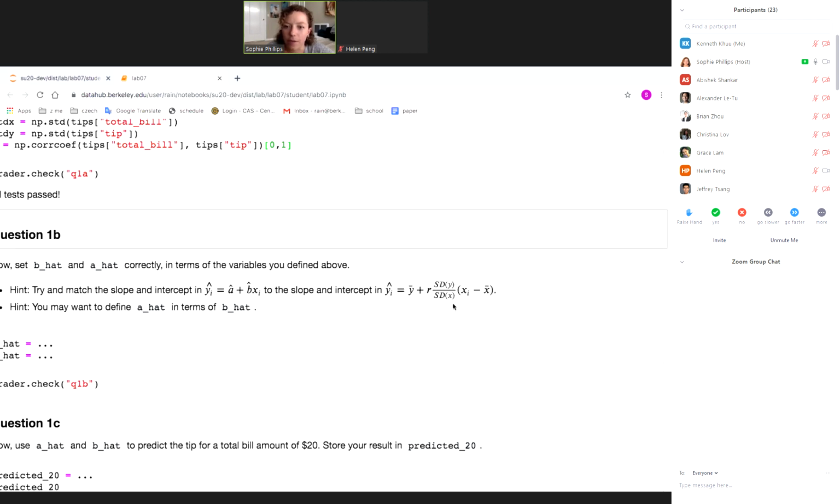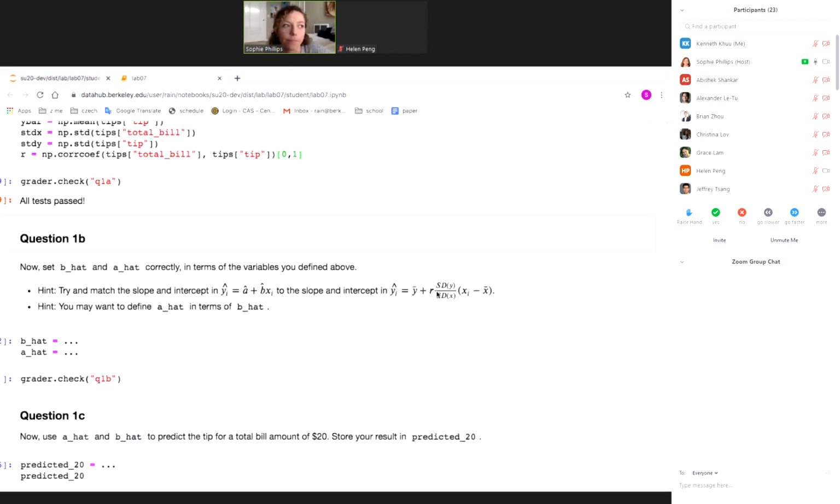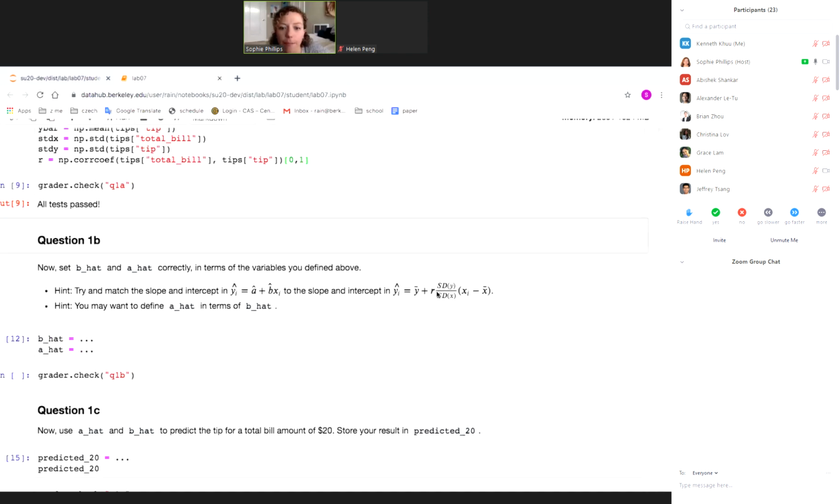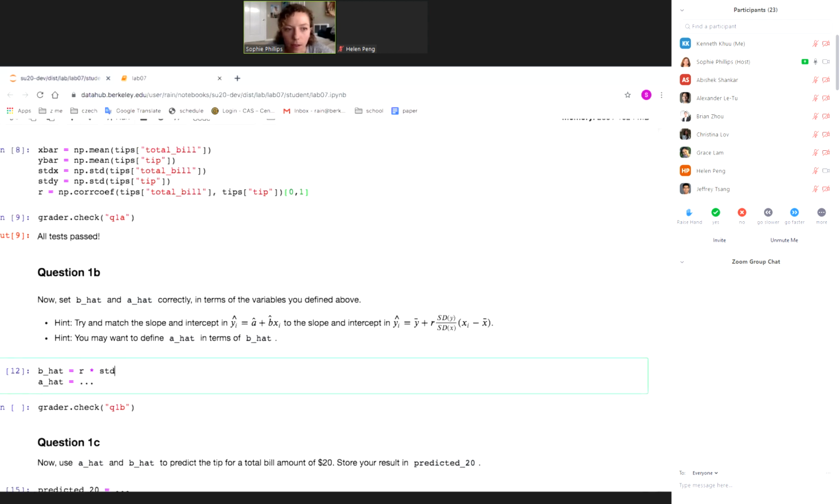So the slope is whatever is multiplying the variable, which in this case is r times stdy divided by stdx.